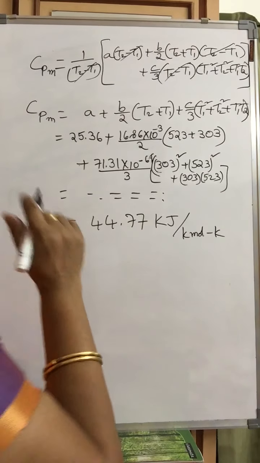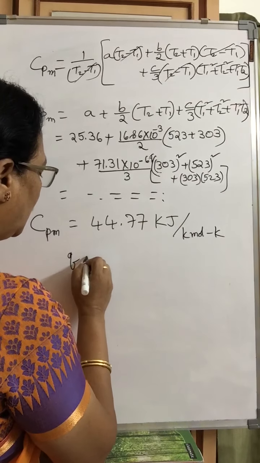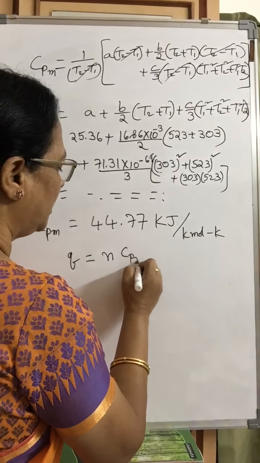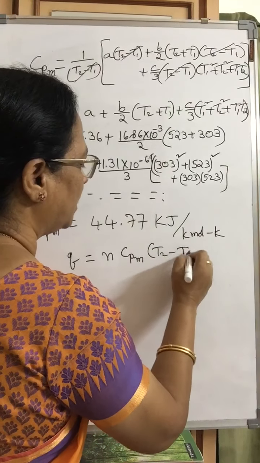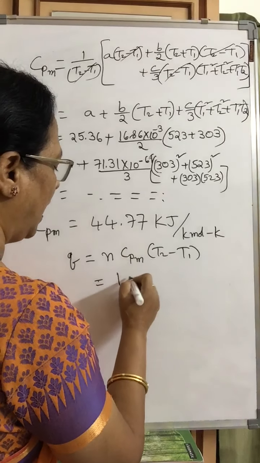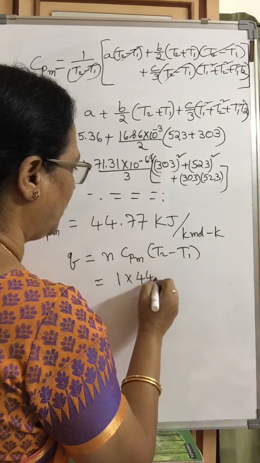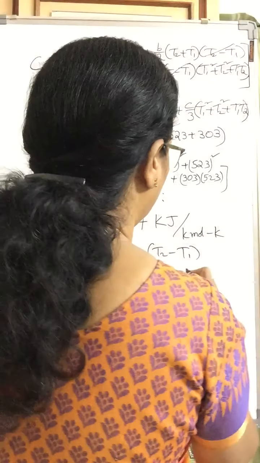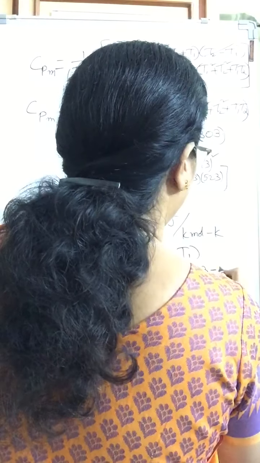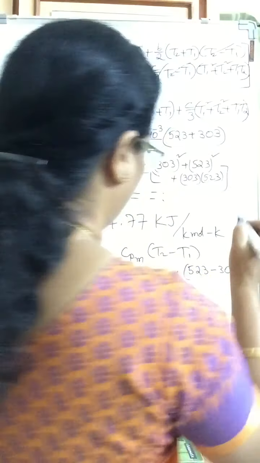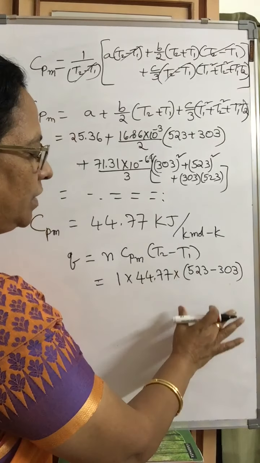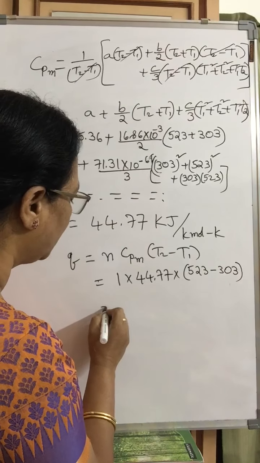But what is our question? Q is equal to what here? See, N Cpm into T2 minus T1. We wrote in the beginning, our N is 1 and Cp mean is 44.77 into T2 minus T1, 523 minus 303. Please take care to write units below this so that you will not make any mistake.